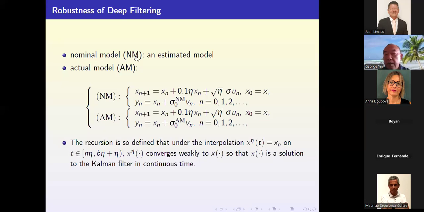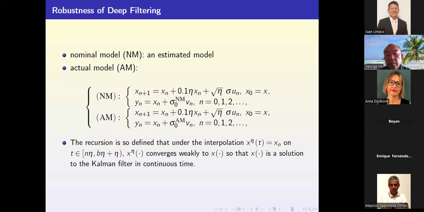That's something called a nominal path. So when you do that, you need to assume the nominal filter to be of this form. By the way, I didn't write down the corresponding differential equation, but rather I wrote down the discrete version of that. Likewise, I wrote down the discrete version for the actual model.